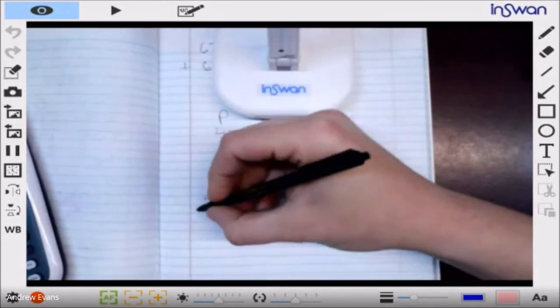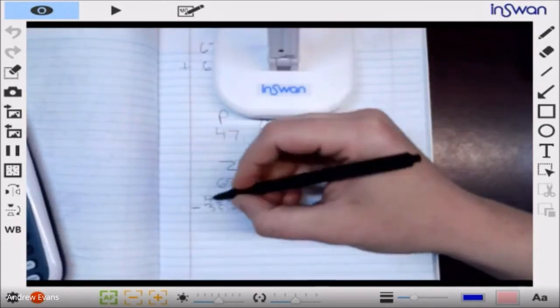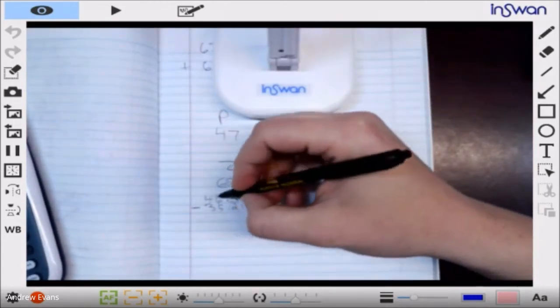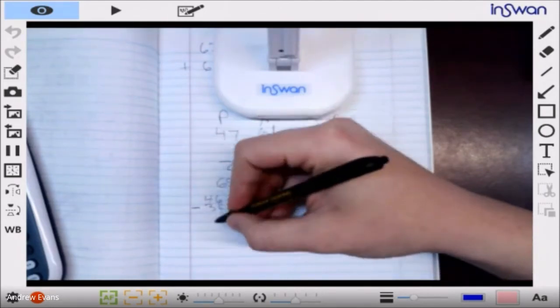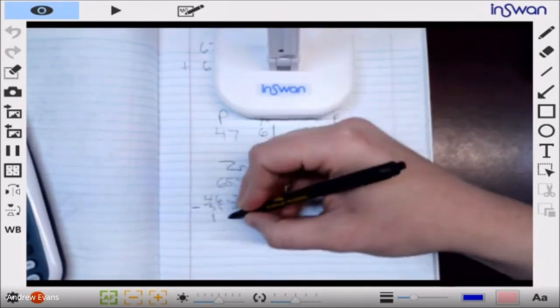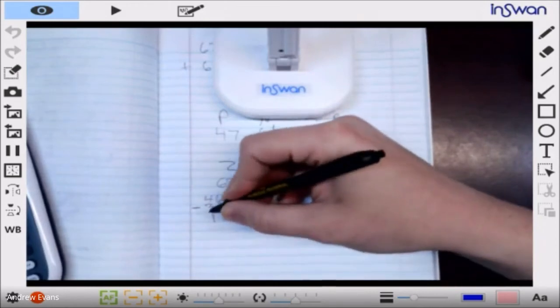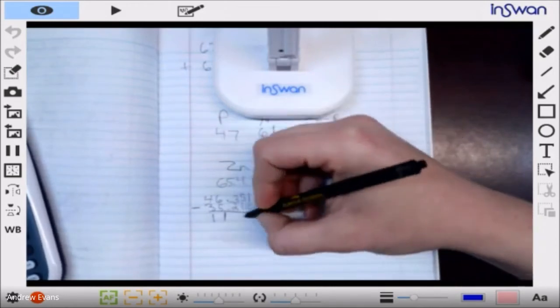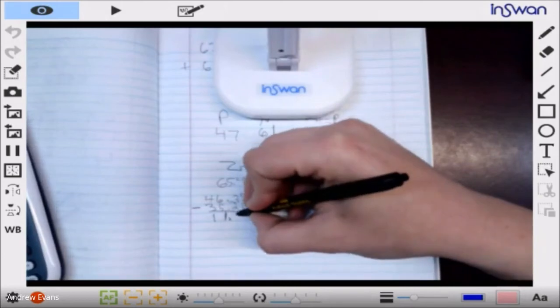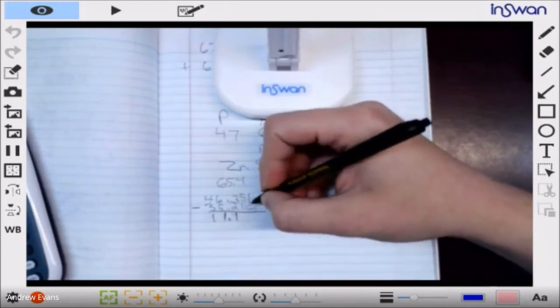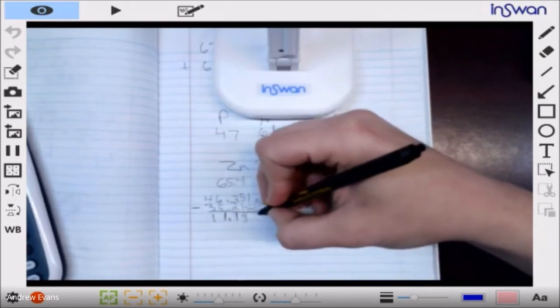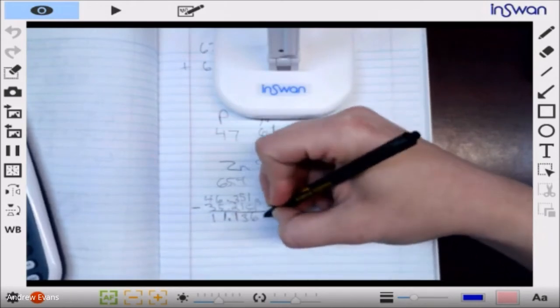So the first thing is, in this particular situation, you subtract the tare mass from the total mass to figure out what is the mass of antifreeze. So I get 11.1136.